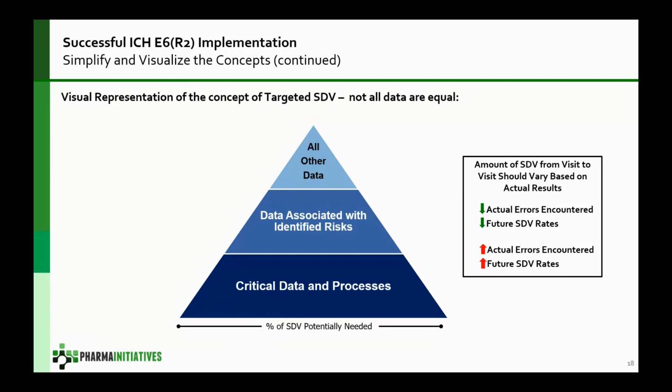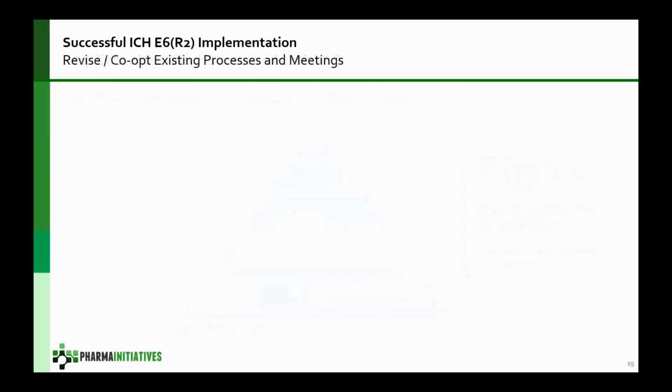So these three examples, and I could go on, but there's only so much time, are a few visual representations of key concepts. There are a bunch of concepts that are critical to E6R2, and I, again, strongly encourage you to take advantage of visual representations of key concepts.